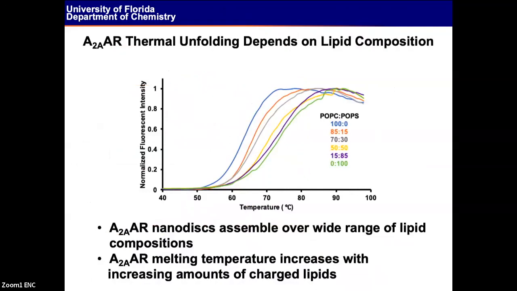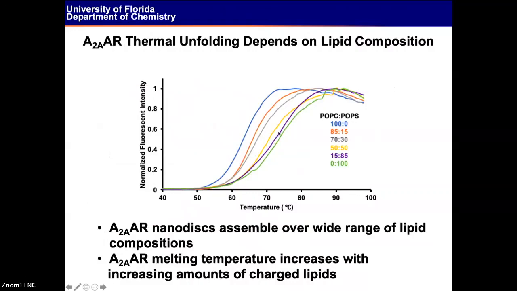Also, we've done systematic measurements of the protein fold across a range of lipid compositions. We're looking at the results of thermal unfolding assays shown here. As we increase the composition of anionic lipids, going from the left to the right curve, we see that this inflection point increases.